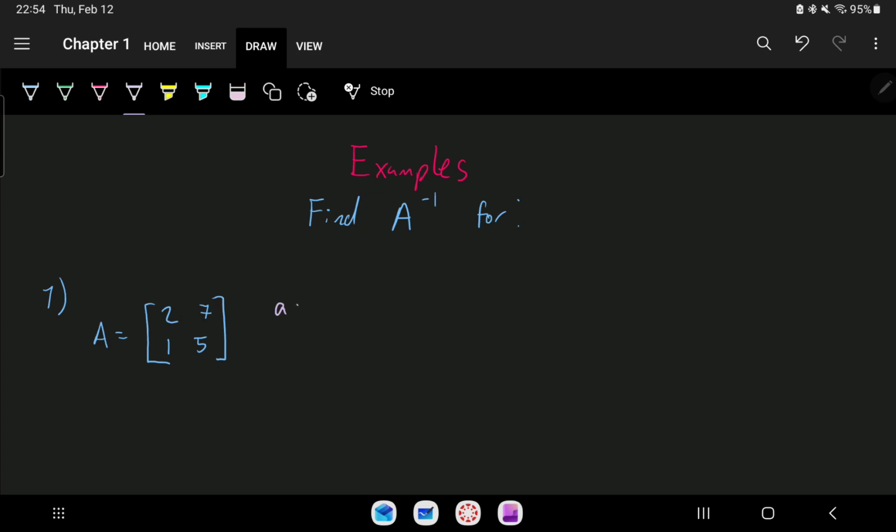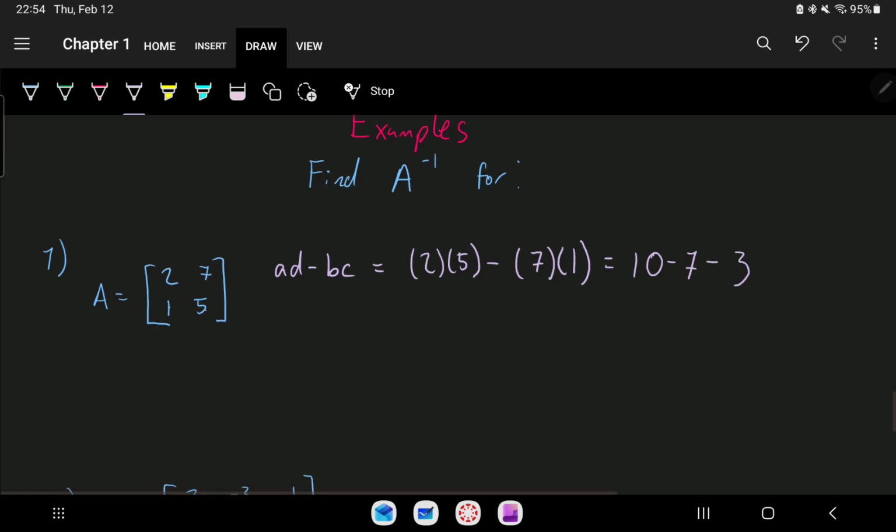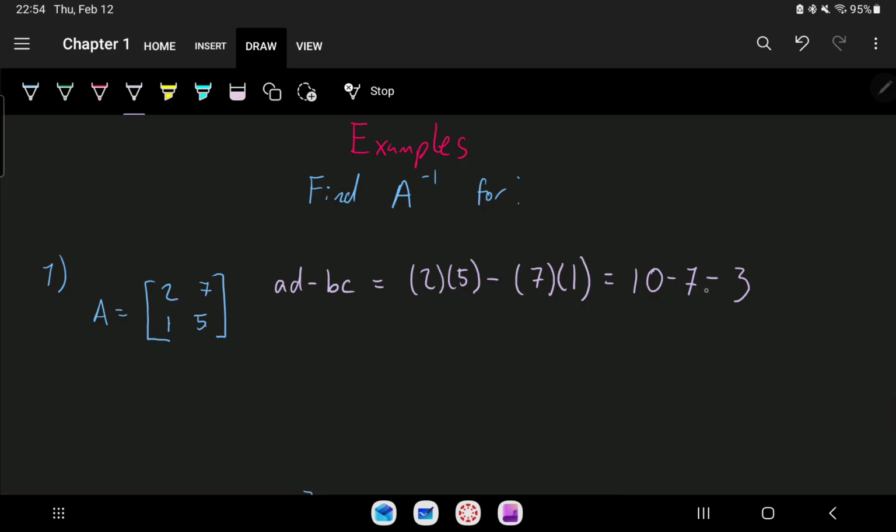So AD minus BC, in this case, is going to equal 2 times 5 minus 7 times 1, right? AD minus BC. And this is clearly not 0, but we're going to need it anyway, so I'm just going to calculate it as 3, right?